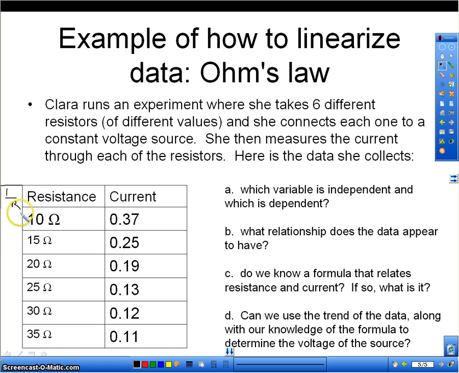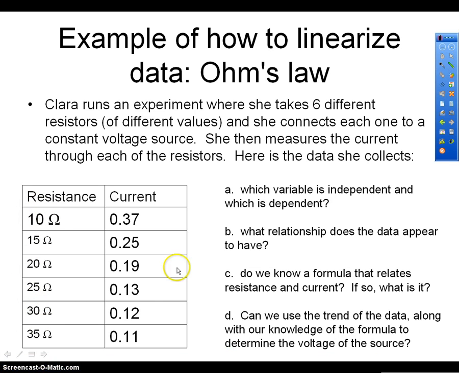I would just do 1 over 10, which is 0.1, and 1 over 15, which I think is 0.07, and 1 over 20, which is 0.045, I think, and 1 over 25, which is 0.04, right? I'm just taking these r values and doing 1 over. These are what I'm going to plot on the x-axis in order to linearize my data. So I'm no longer plotting resistance on the x-axis, I'm plotting 1 over r.